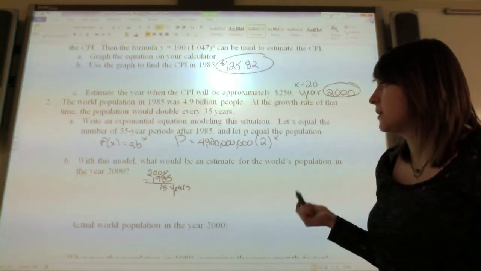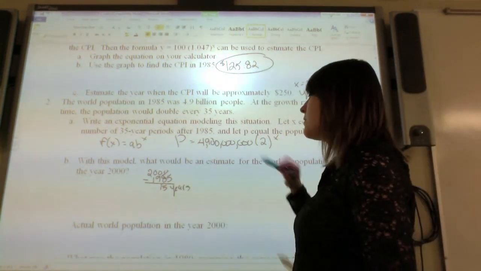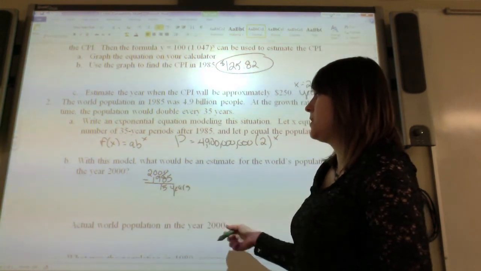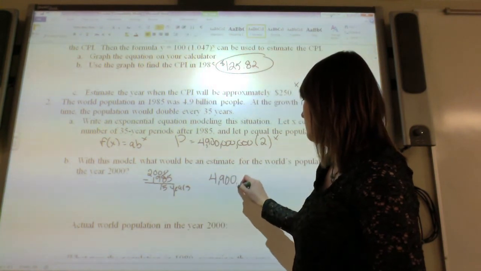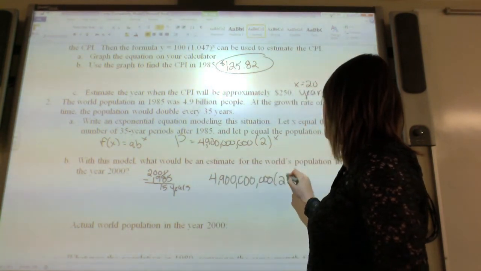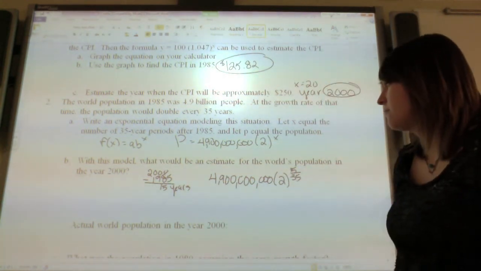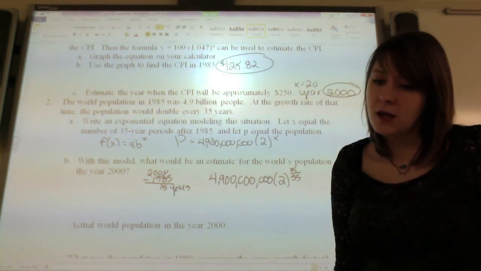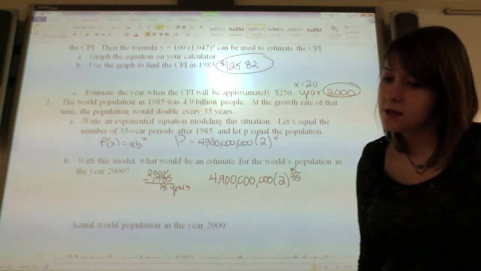I'm going to have to think about this in terms of fractions. So I know that every 35-year period I double, so I could say that this is 15 out of 35. So I'm going to plug in 15 out of 35 for my x value. When I plug that in, I get about 6.6 billion.